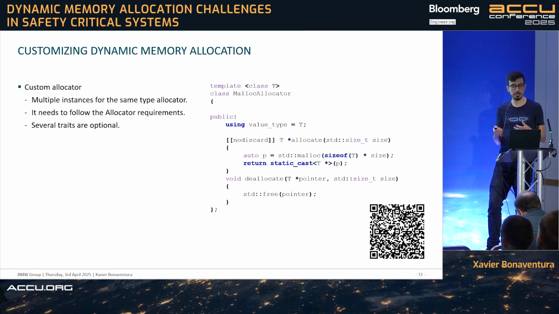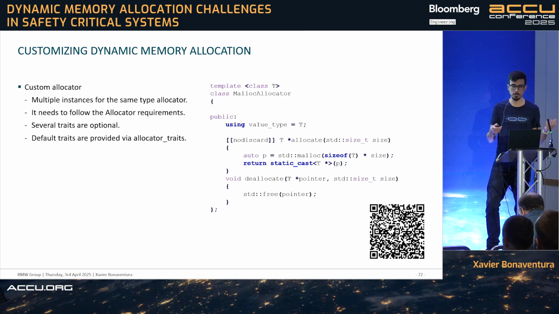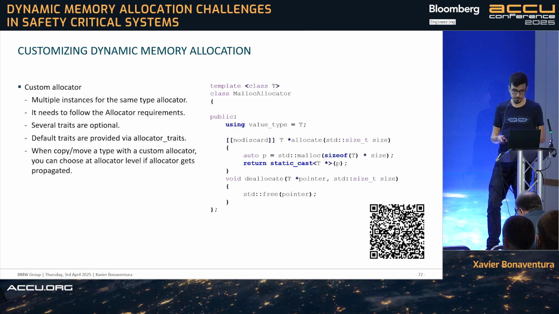This makes it much easier because you have these allocator traits, and this is how the standard library gets all the information about allocators. It goes through allocator traits. Allocator traits is templated by the allocator, and this allows you to get the default information of the allocator.